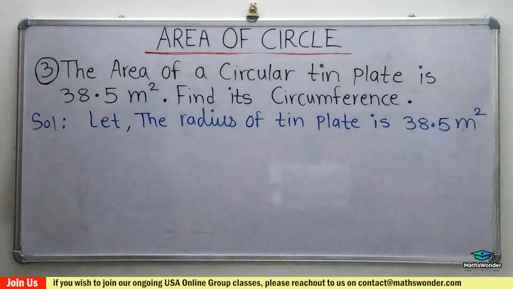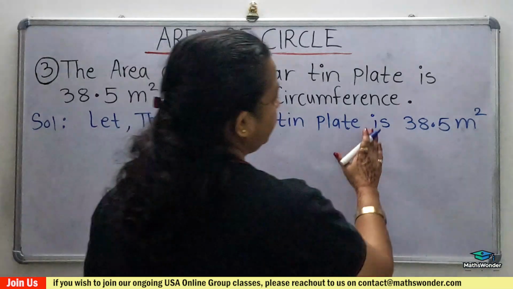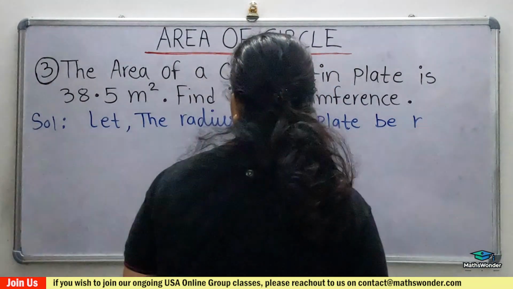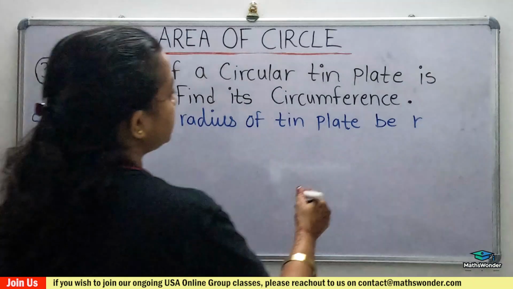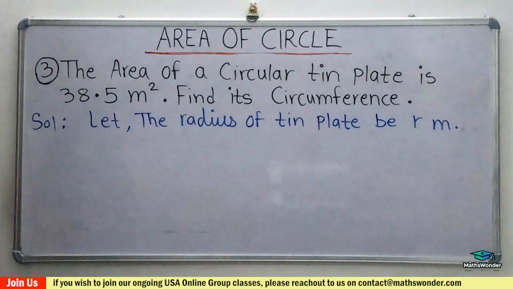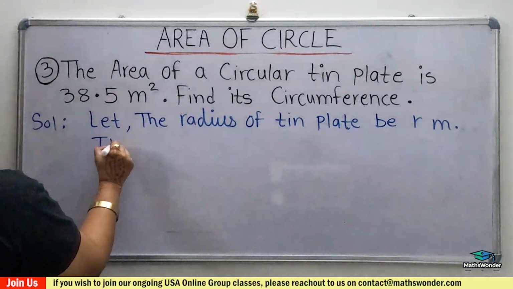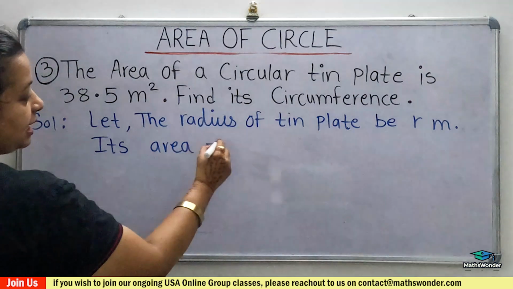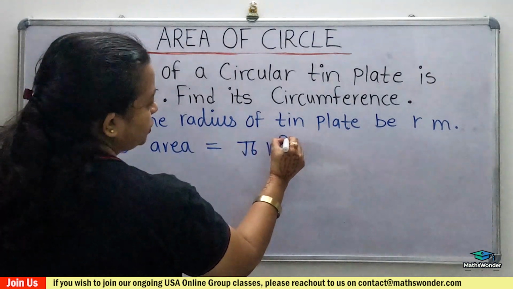Okay, so let the radius of the tin plate be r meters, because the unit given is meters square, so everything in meters. Now find its area first. Its area is pi r square, as you know.